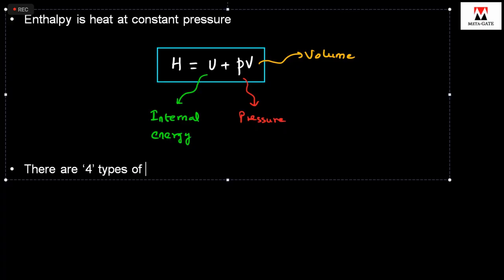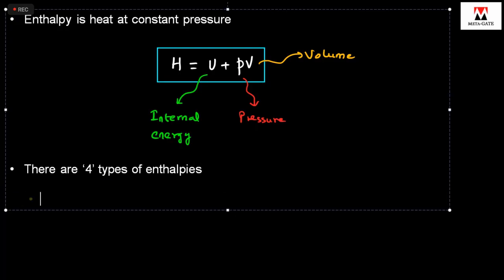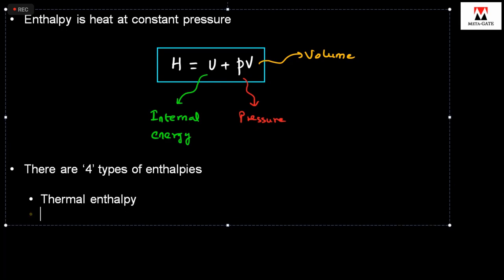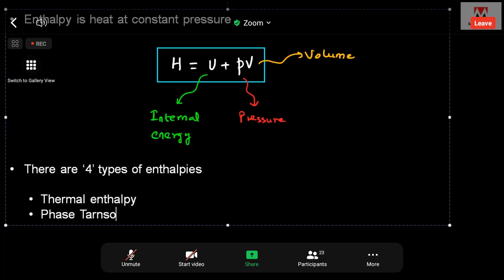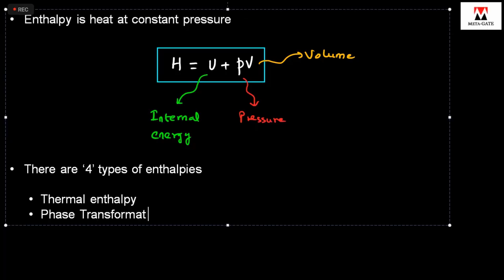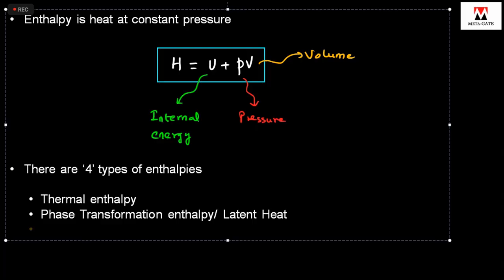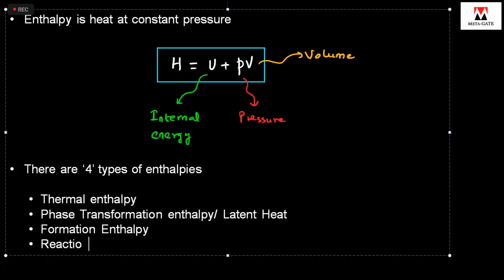There are four types of enthalpies. First one, thermal enthalpy. Second one, phase transformation enthalpy, or you can say latent heat. Then formation enthalpy and reaction enthalpy.